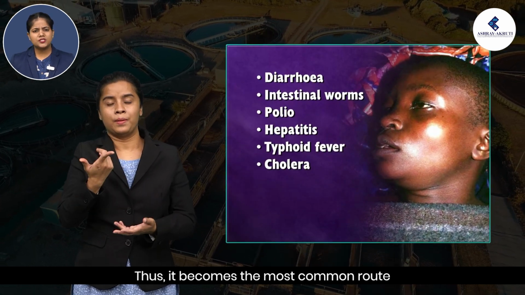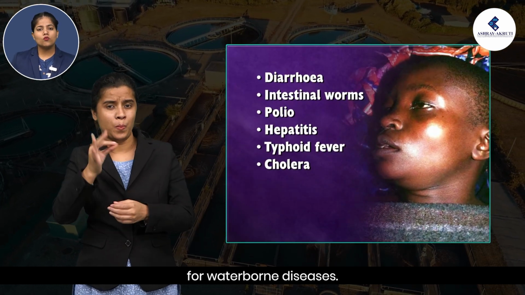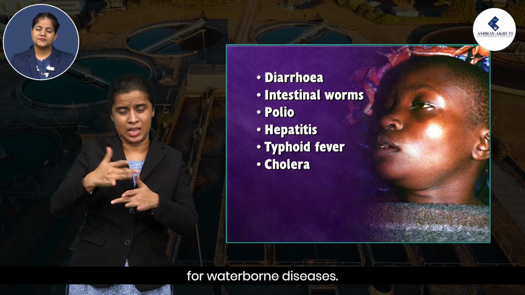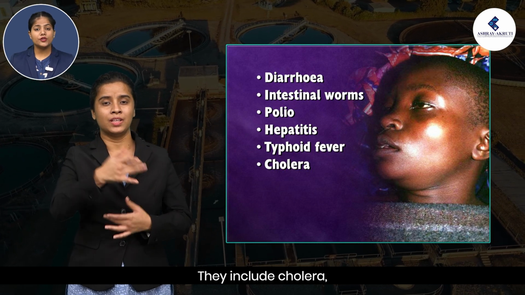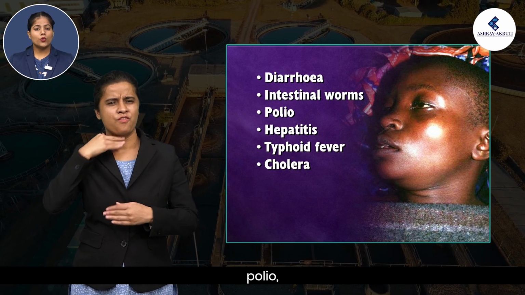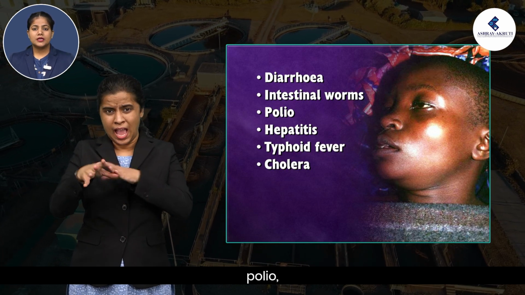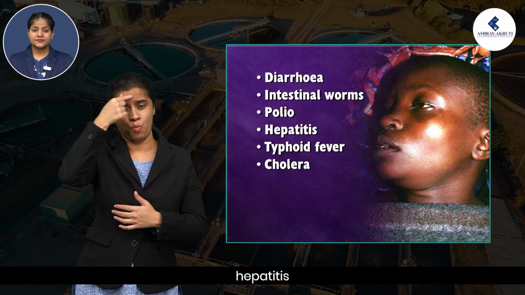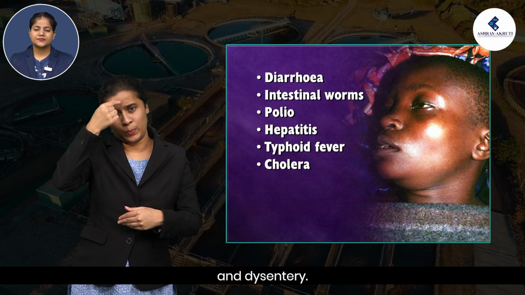Thus, it becomes the most common route for waterborne diseases. They include cholera, typhoid, polio, meningitis, hepatitis, and dysentery.